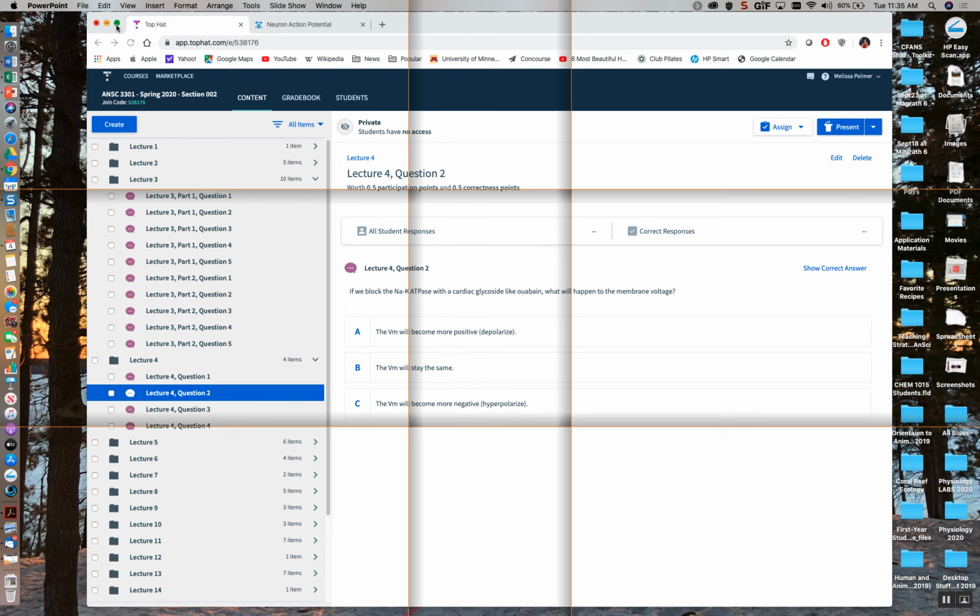I appreciate it. I have a question about part 2. When I asked to calculate the magnitudes, I wasn't sure if I was supposed to use the Goldman equation or something else. I would use this one right here. This is the chord conductance equation. So Vm, the membrane voltage, is equal to the relative conductance.